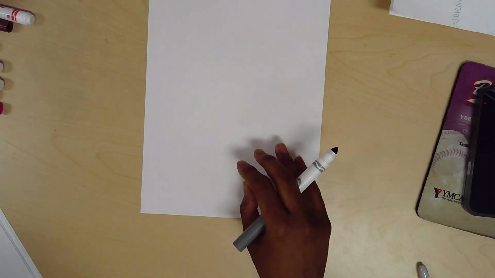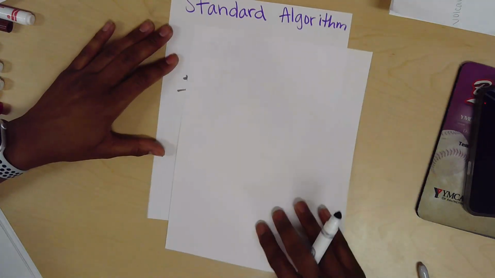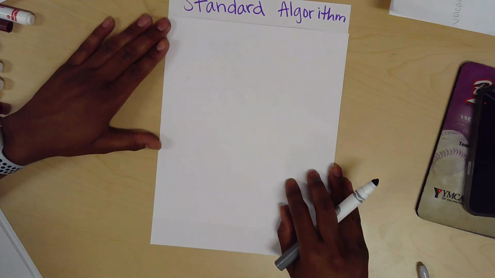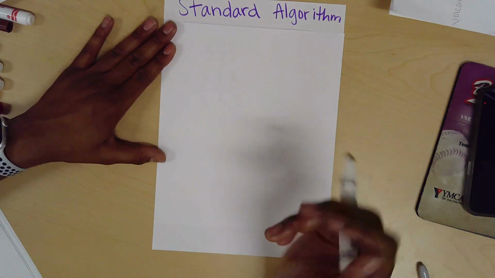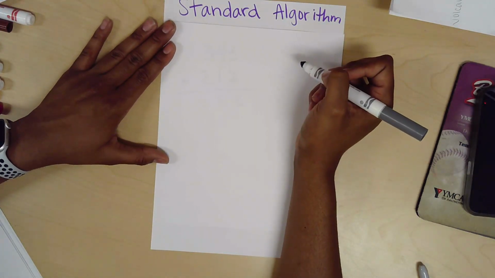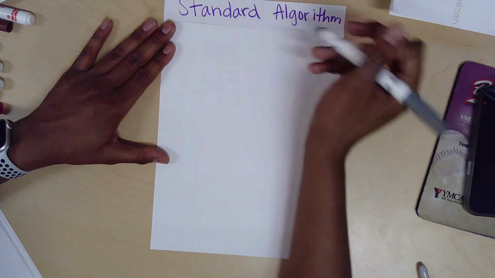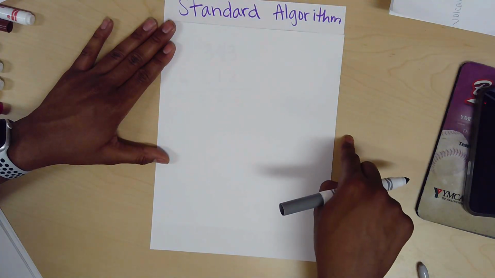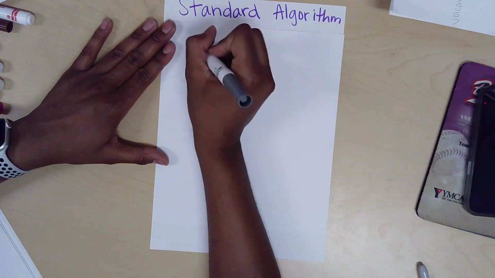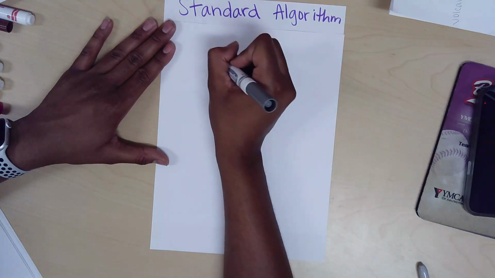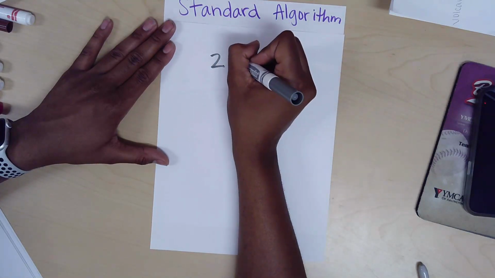The point is that we want them to understand, especially when we get to this borrowing and carrying, why they need to move a 1, why when they have 10 over here, they can just move a 1 over. And so I'll kind of explain that as I'm doing this one.